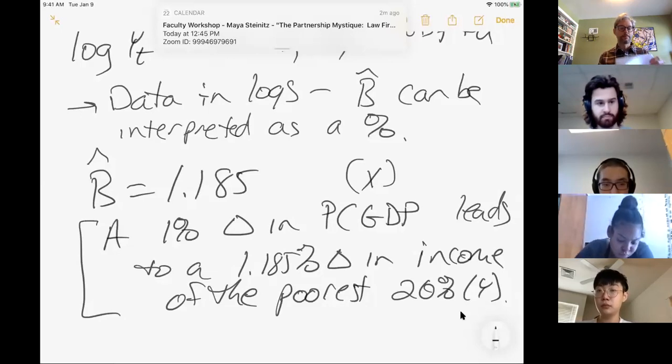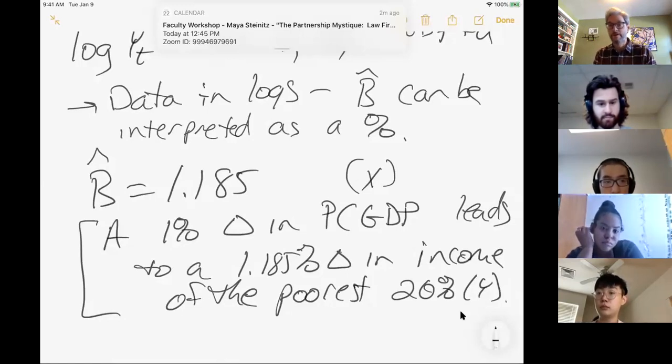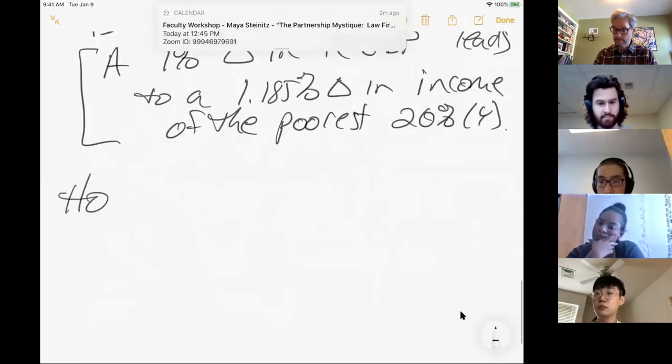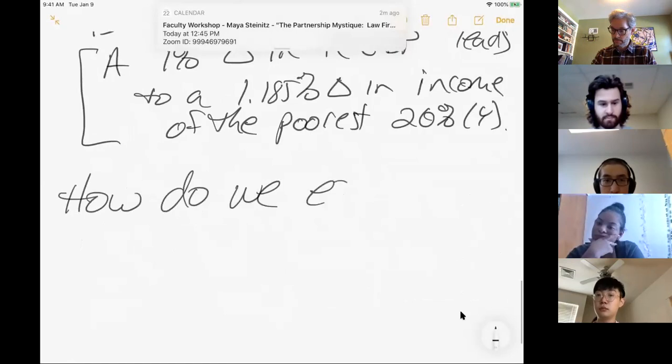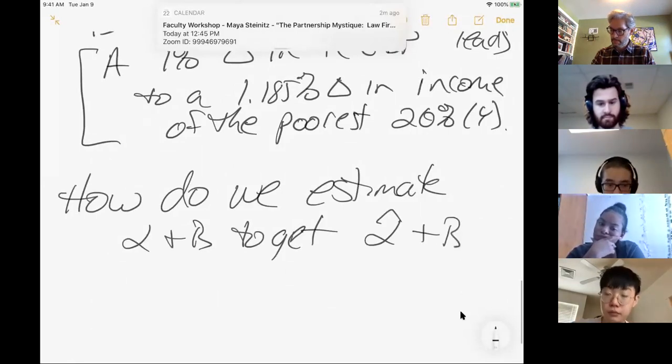So that's what an econometric model is: you're basically trying to fit a line to the data, a line that tells you the best estimate of the impact of X on Y, your explanatory variable on your dependent variable. Now, the next question here is, how do we estimate alpha and beta to get what we're going to call alpha hat and beta hat?